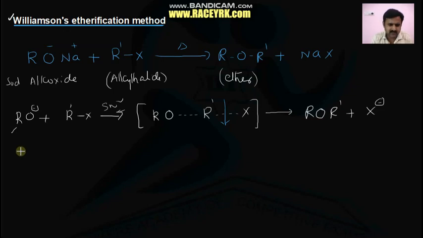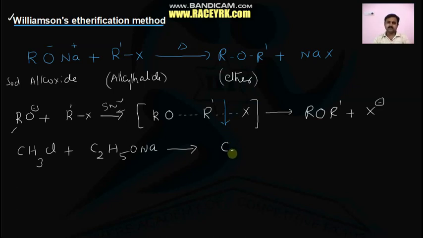Now we will see one chemical reaction: CH3Cl plus C2H5ONa. Suppose you have taken this. Then the final product will be C2H5OCH3, a mixed ether, plus NaCl.